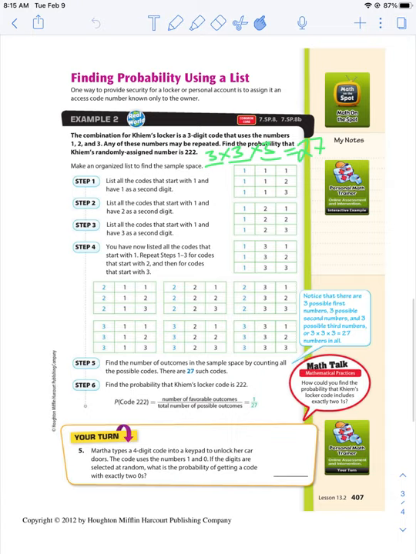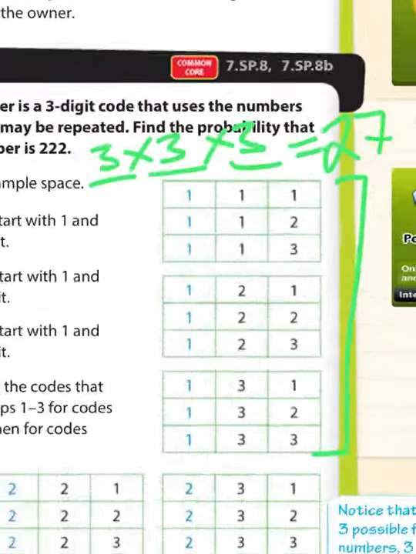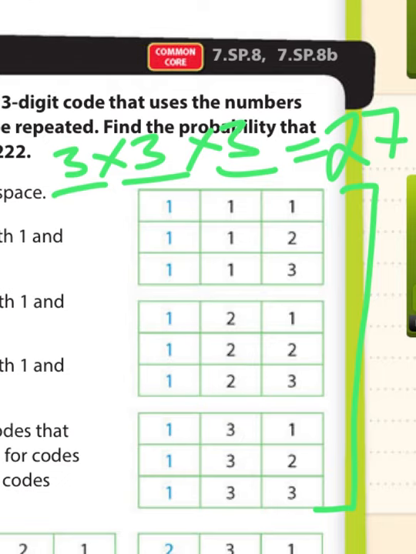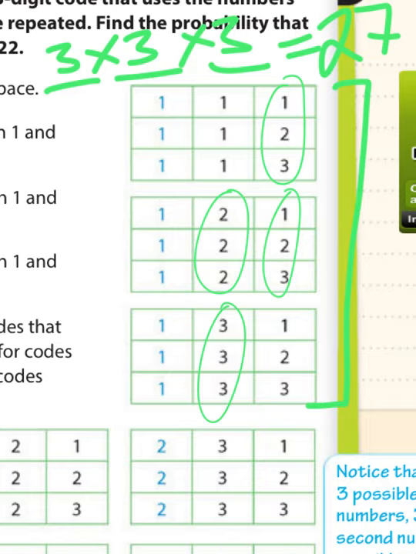Now, another method of finding the sample space is by actually setting up the tables representing the sample space with all possible outcomes. So notice these 3 tables all start with a 1. So these represent the 3rd digits changing. So if you had 1, 1, 1, 1, 1, 2, 1, 1, 3. Now we have a table with all 2s in the second one, the last column still changing, and then all 3s in the second one, last column changing.